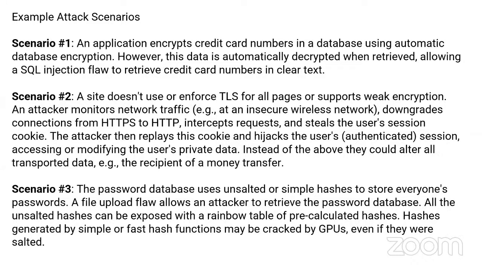And the next one is a site that doesn't use or enforce TLS for all pages, or supports weak encryption. An attacker monitors network traffic and downgrades the connection. In the sense, we have implemented a secure connection from HTTP to HTTPS, and we should know what downgrading is: making the connection go from a secure connection to a non-secure connection.